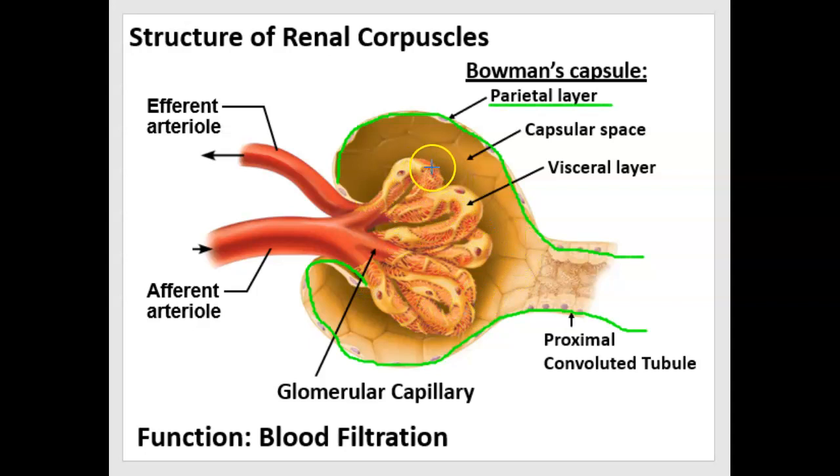The visceral layer is shown with these kind of funny looking cells that are yellow adhering to the capillaries. Those are called podocytes because they have foot processes. And those podocytes make up the visceral layer. And there's a space in between the parietal layer and the visceral layer called the capsular space.